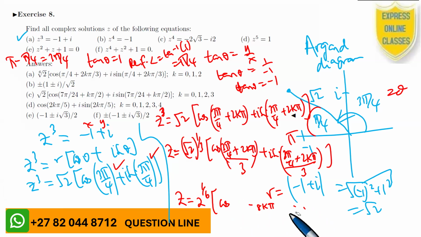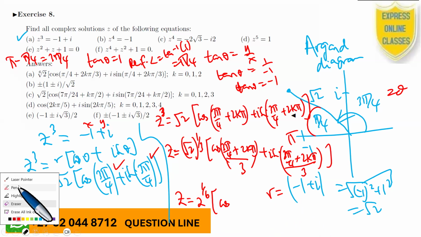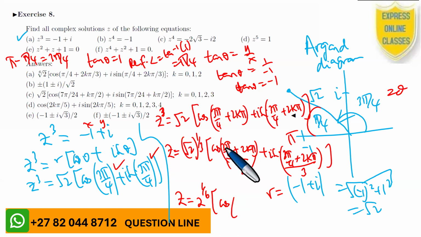So to simplify it, we have the following. Divide by 3 here, which is exactly pi over 4 plus 2k pi divided by 3.